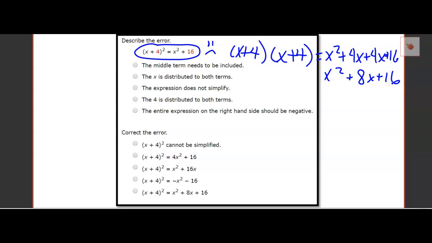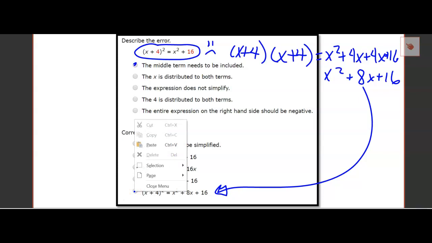So what happened is the middle term is not included. That is the error. The middle term is not included. To correct the error, we work it out correctly. So this would be the correct answer. We corrected that error.